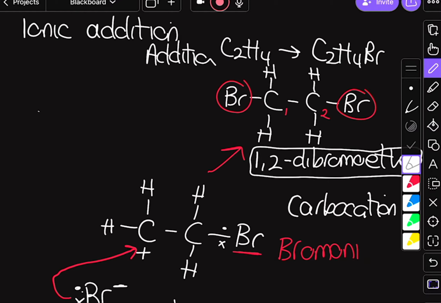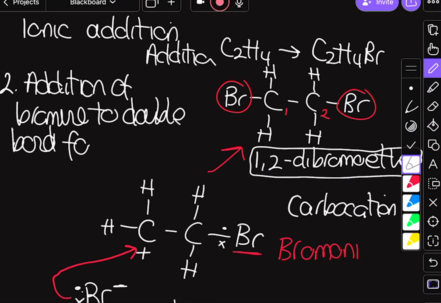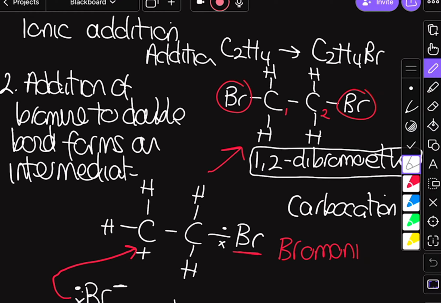So in step 2 we can say that addition of bromine to the double bond forms an intermediate carbocation, or in this case only the bromonium ion.